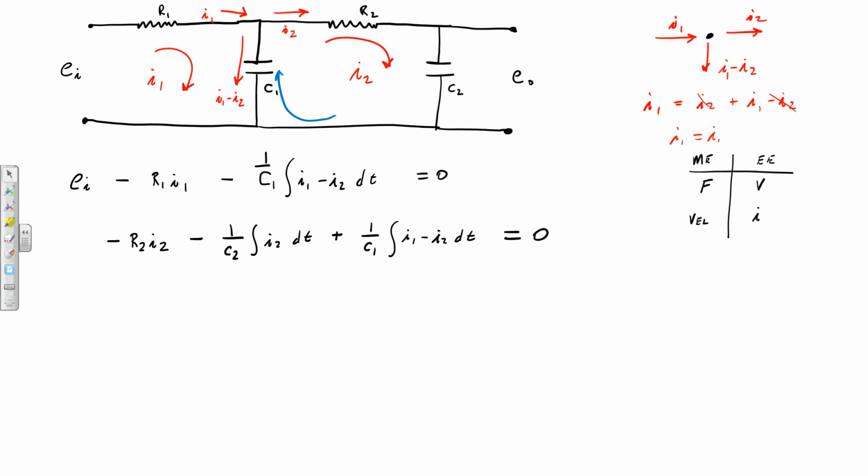And I've got one more loop there, the back side here, which is my output, minus 1 over C2 integral I2 dt equals 0. So now I've got three equations, three differential equations. This gets a little messier.